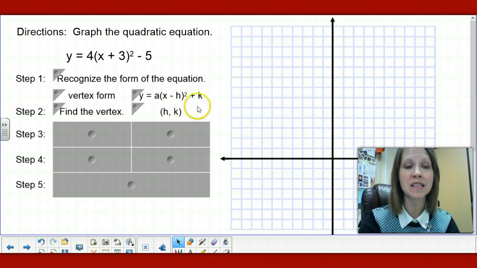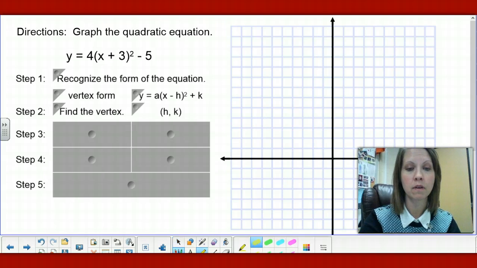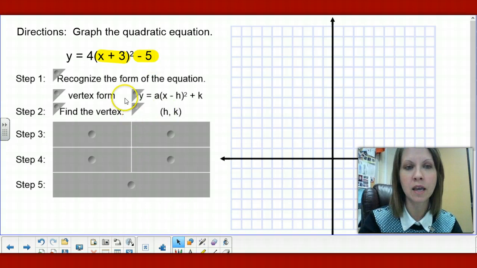So for us in this, if we want to look at the (h, k), the h comes from the x plus 3, and the k is the minus 5. Listen to how I worded that. I said the h comes from the x plus 3, but the equation says x minus h.